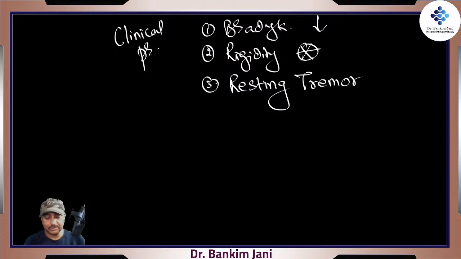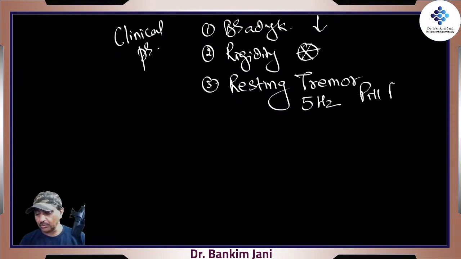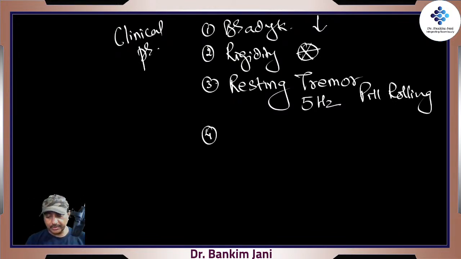Resting tremor means it is not necessary that the tremor occurs when they work. No, it can occur as such, at 5 hertz, pill-rolling. Fourth, gait. Gait is how they walk, right? This is again very typical. There would be shuffling.